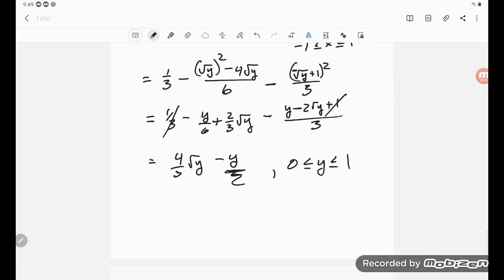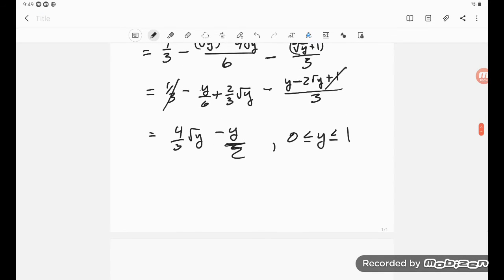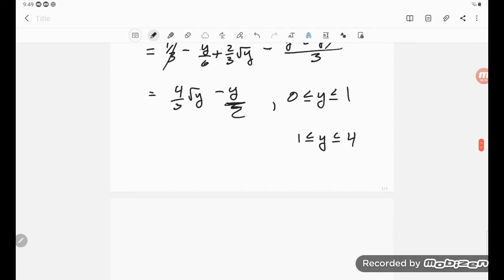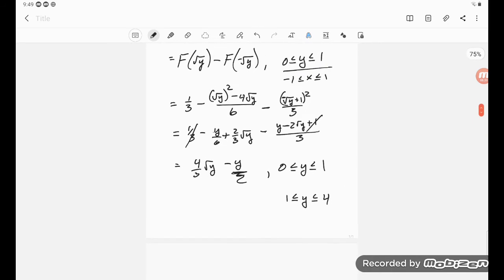Okay. And so this is, again, big F, right? So then I look for y between 1 and 4. And in this case, what that means is that my x had to be at least 1, right? So my x in this case had to be between 1 and 4.